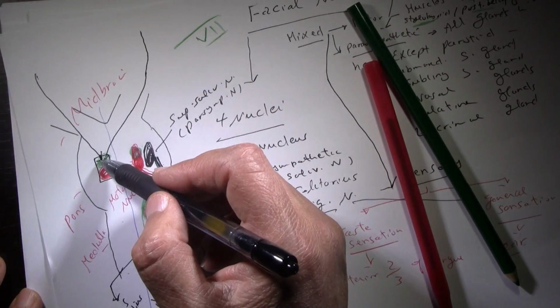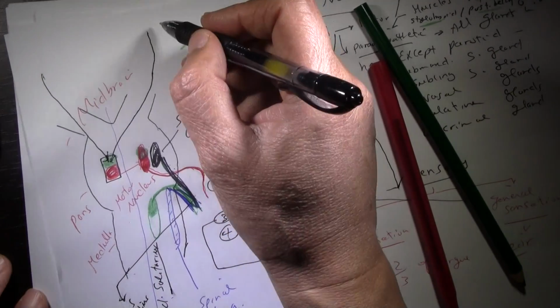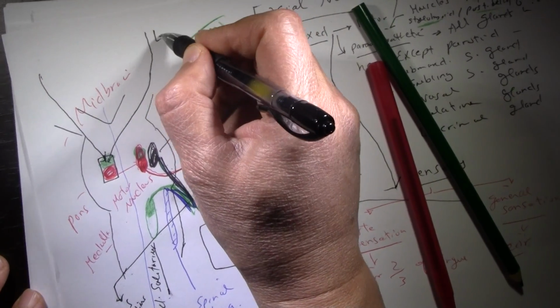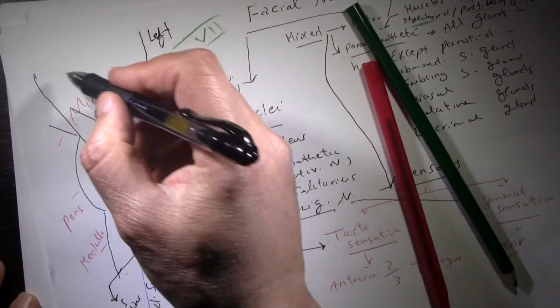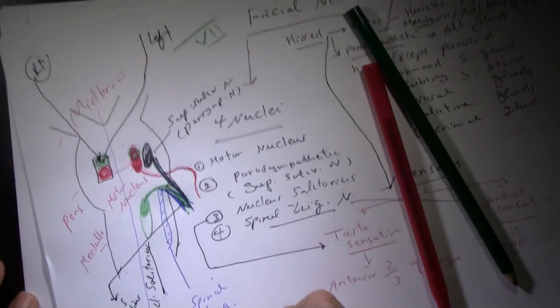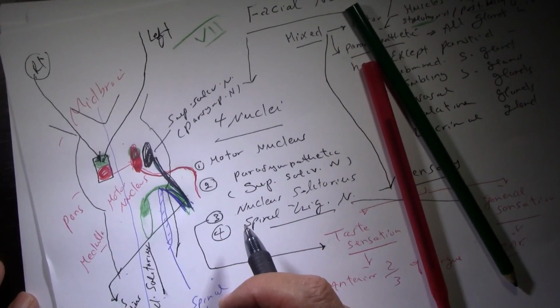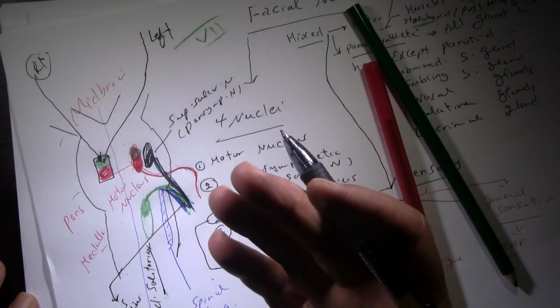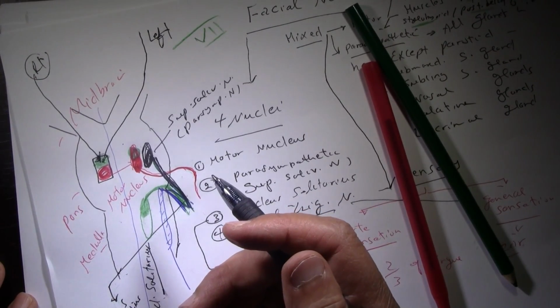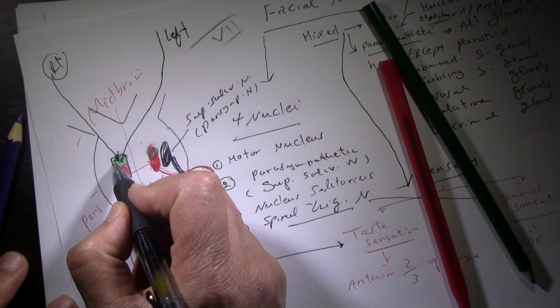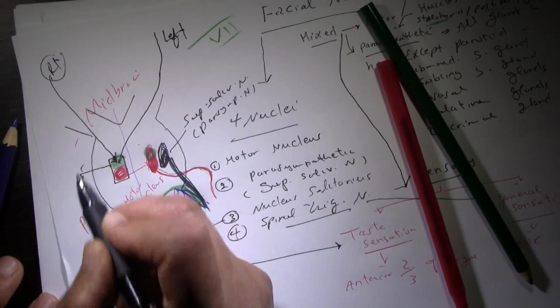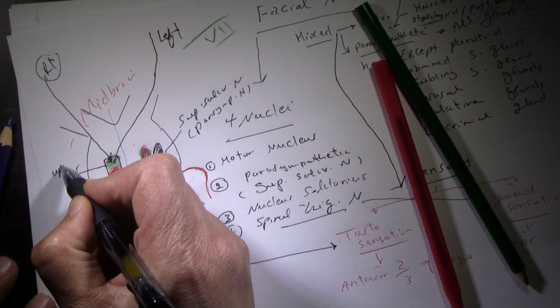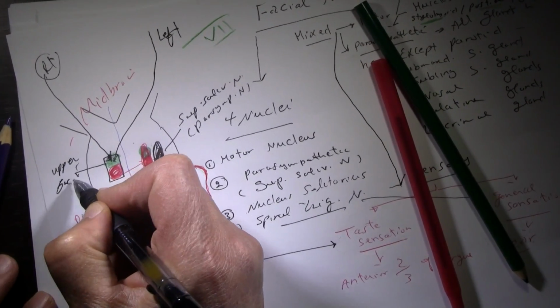So the upper half of the nucleus is controlled by the left side of the brain and the right side of the brain. So it has a spare. If one side has a problem, the other side is still working, so the upper part of the nucleus is okay. And the upper part of the nucleus is responsible for the upper face, supplying the muscles of the upper face.